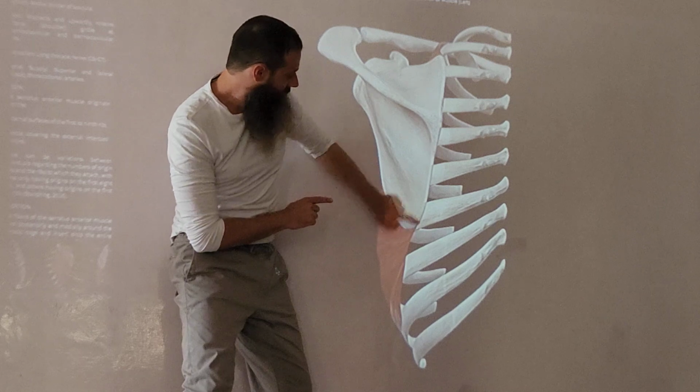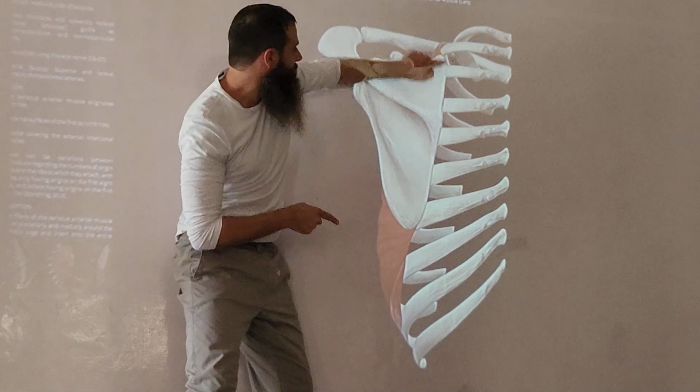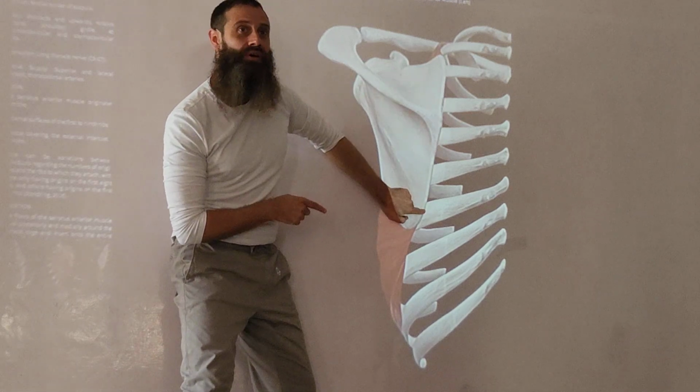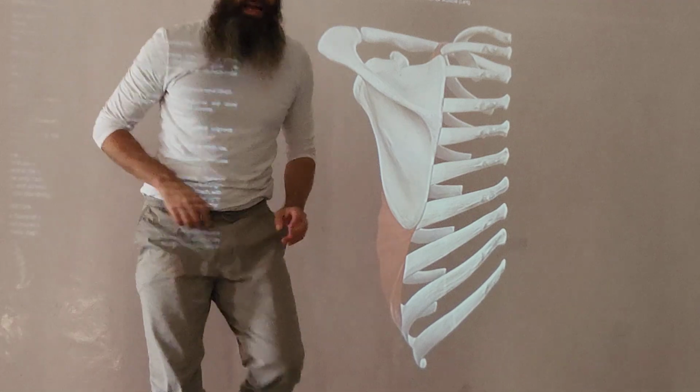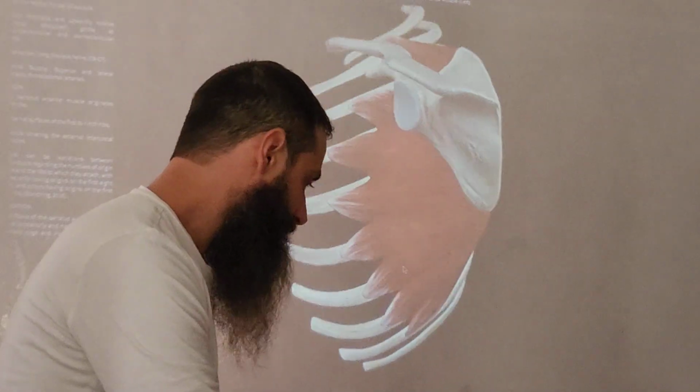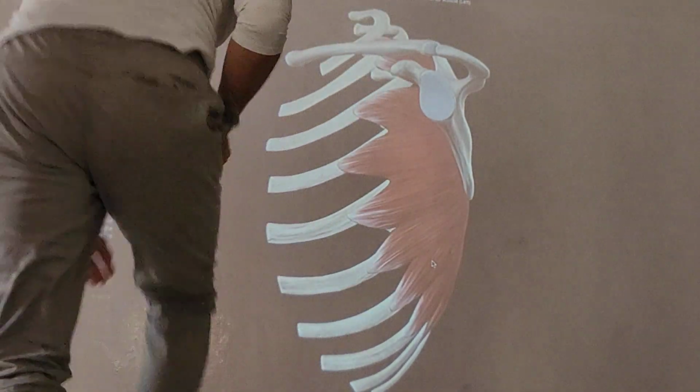Okay? And the serratus is attaching, is inserted in the same place of the rhomboids. Now we are going to see both together. And then they come here to the ribs, and they engage to the ribs, here.